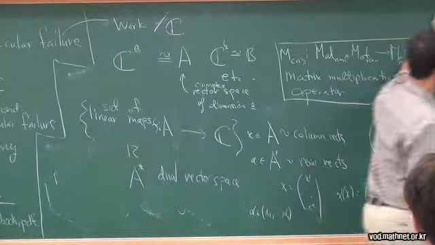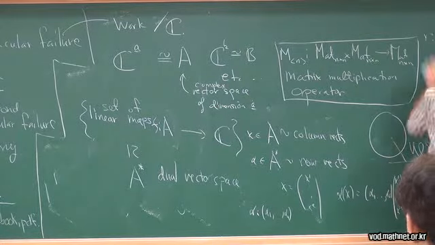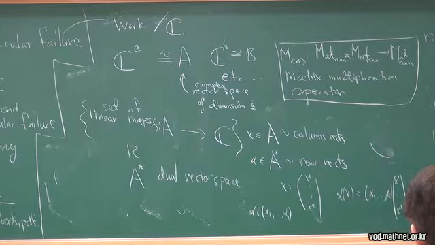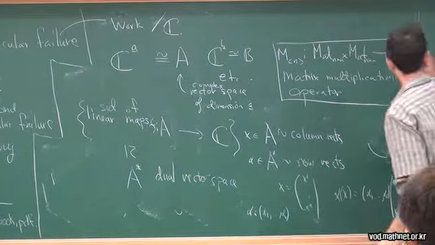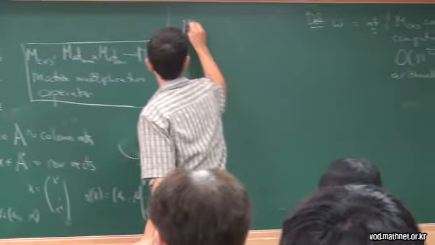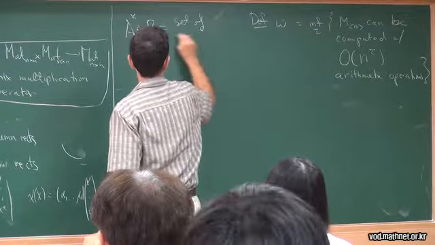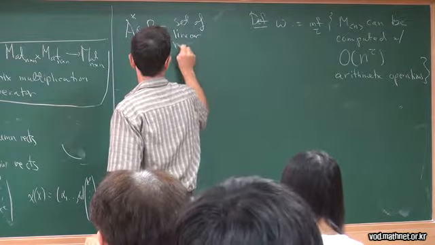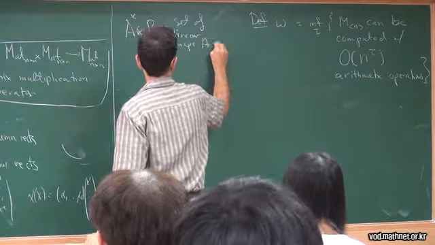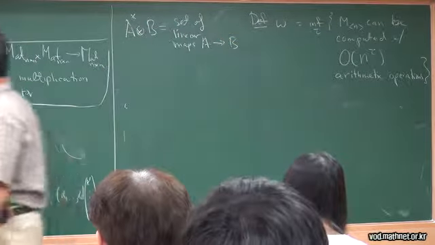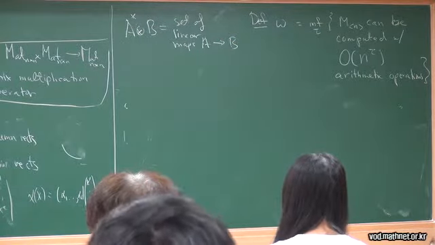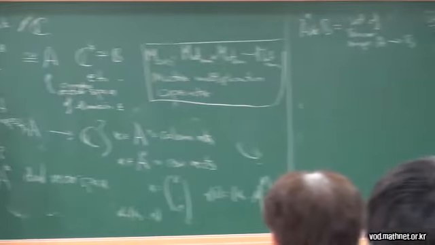Now, this matrix multiplication is not just a linear map, but it is a bilinear map. Well, first I need to say a little more. So let A star tensor B be the set of linear maps from A to B. So this is also isomorphic to A star tensor C, if you like.